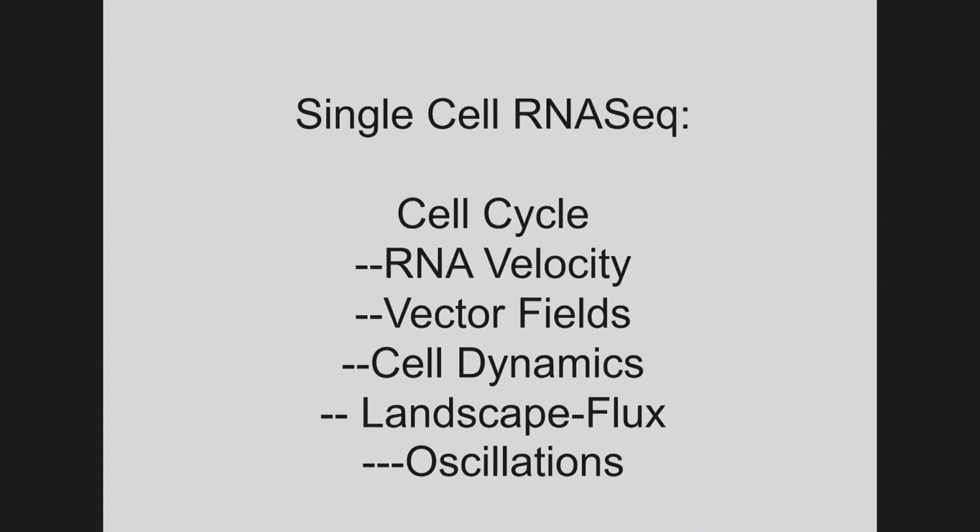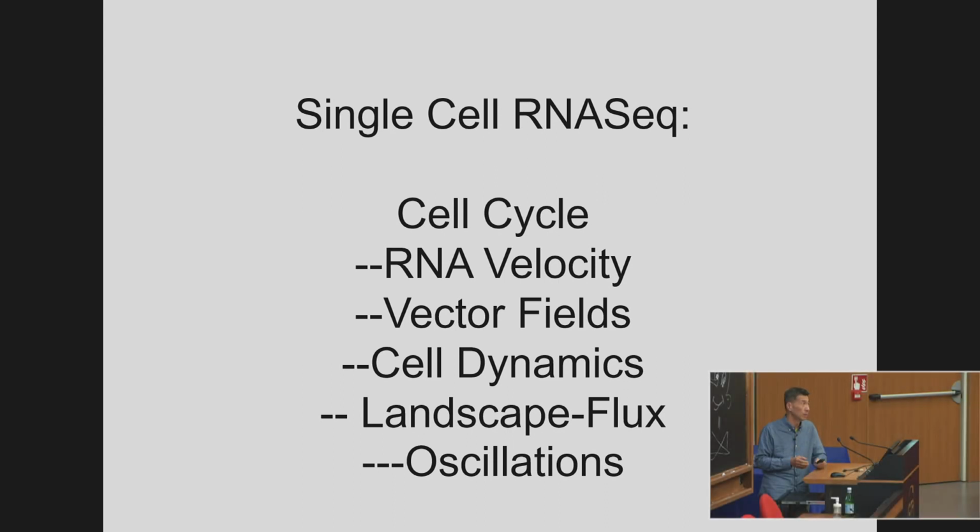One last thing is that this is all low throughput experiment, like a few molecules at a time. Then most recently, people have developed a technique for single cell RNA-seq, which can simultaneously monitor many genes at the same time, but not in real time, basically at some time slice.